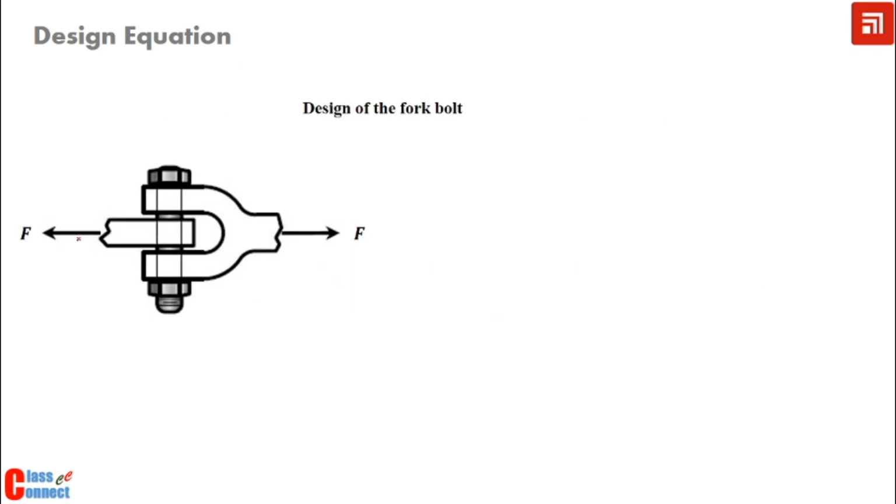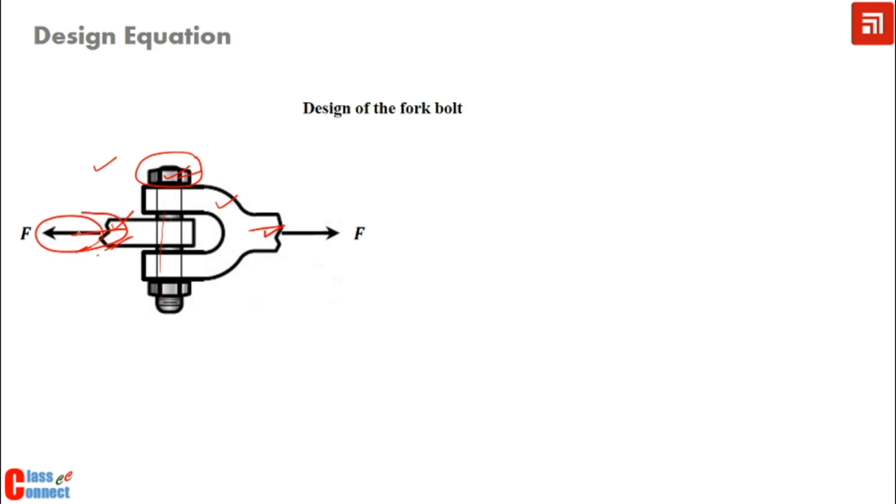So now let us see another example. In this example, two members are connected through a bolt, and we have to design the bolt. The previous problem was that we had one member and the loads were acting on that member, and we were interested in calculating stress at some other point. Here we are interested in calculating or designing this pin, but load is not directly acting on the pin, it is acting on some other members. We have to know how the load transfer takes place from one member to another member.